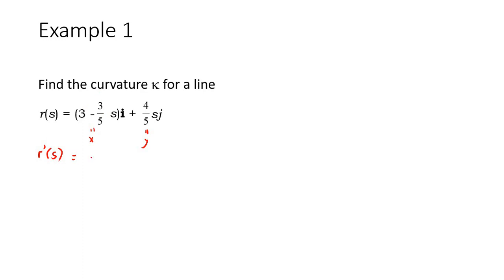So we have negative 3 over 5 i plus 4 over 5 j. For the magnitude of r prime s, we take the square root and square each component: 9 over 25 plus, for the j component squared, 16 over 25. So we get 25 over 25, which is 1.